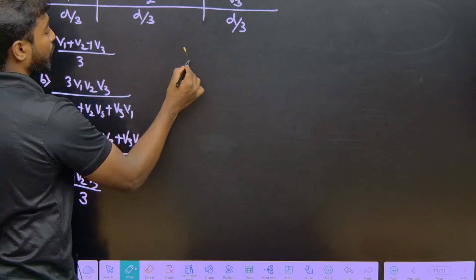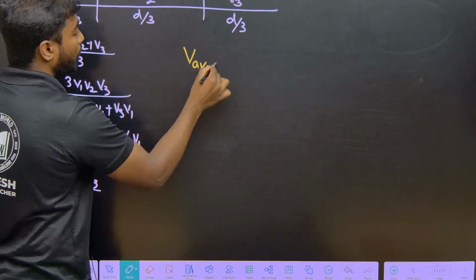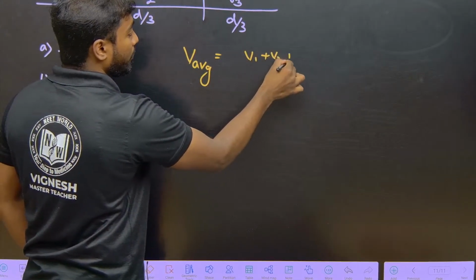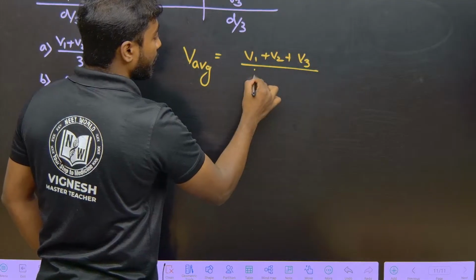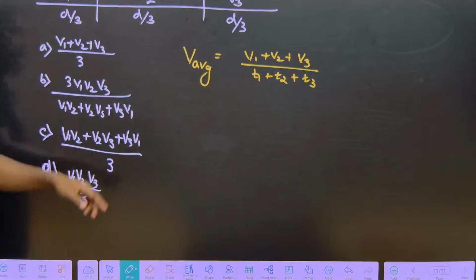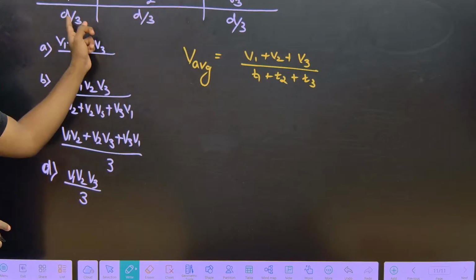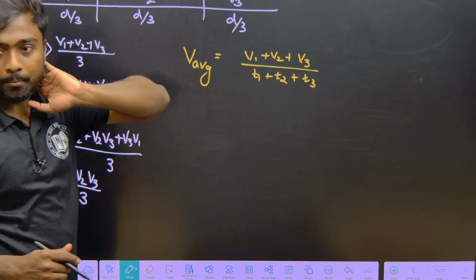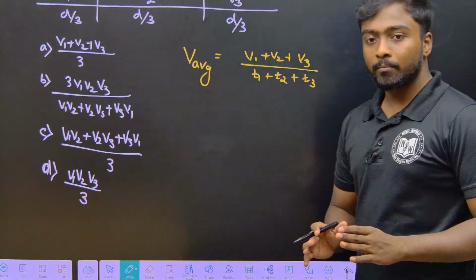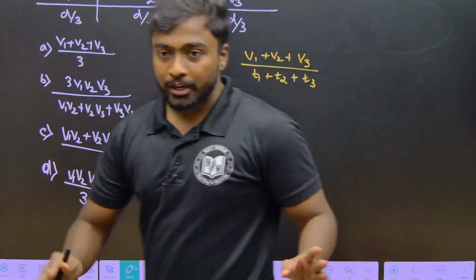So V average they are asking. It means total displacement divided by T1 plus T2 plus T3. I know only V1, V2, V3, and d by 3, d by 3, d by 3 they have given. There is no T1, T2, T3 part. What should I do first? Find T1, T2, T3.